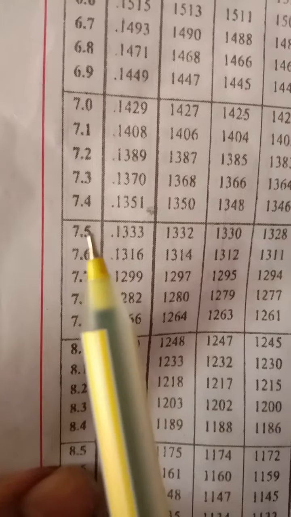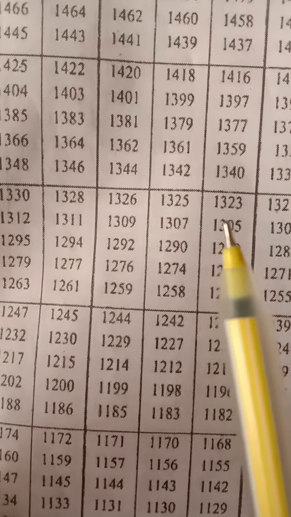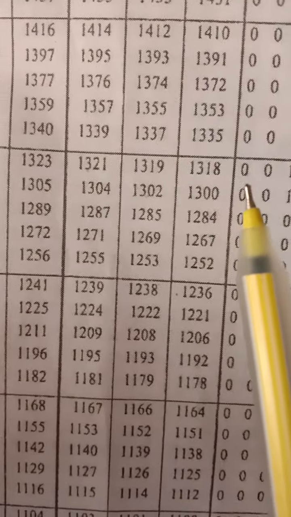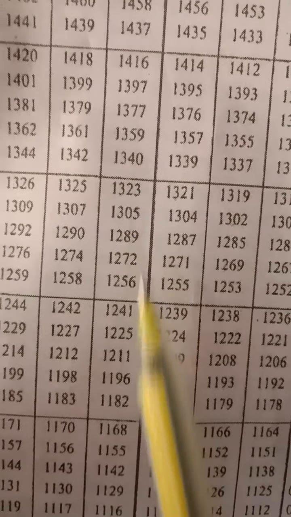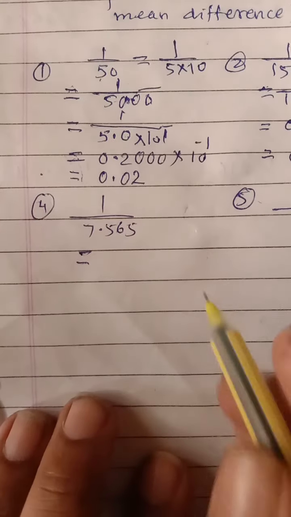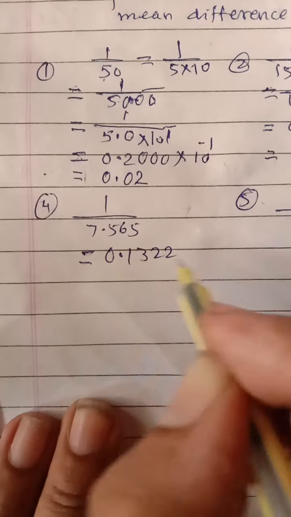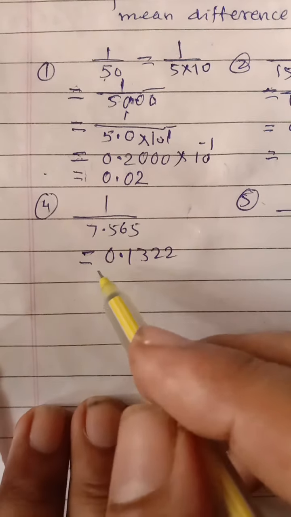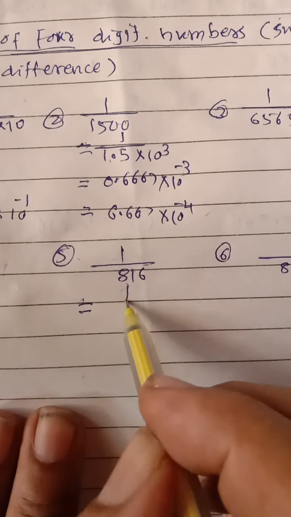Then in the sixth column it is 1323 minus 1, that is 1322, that is 0.1322, so this will be the required answer.